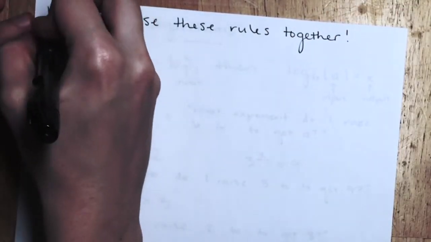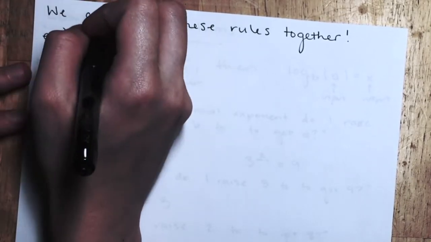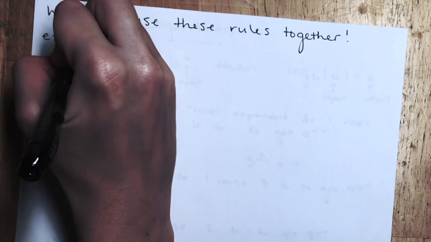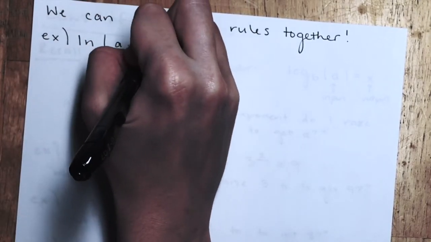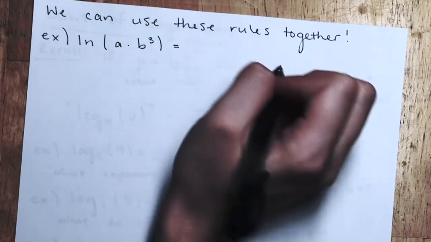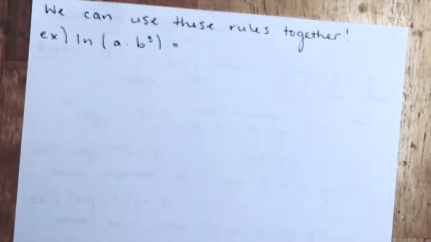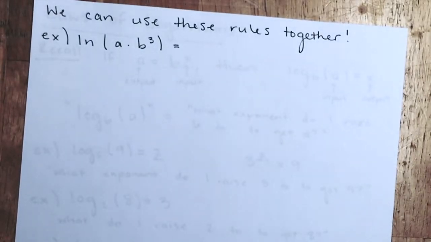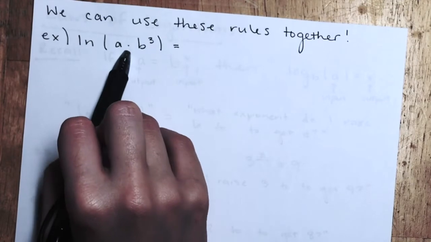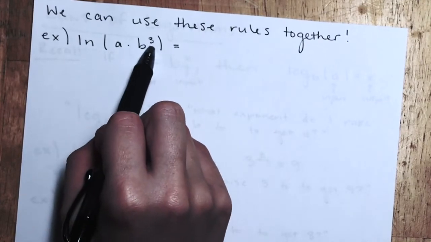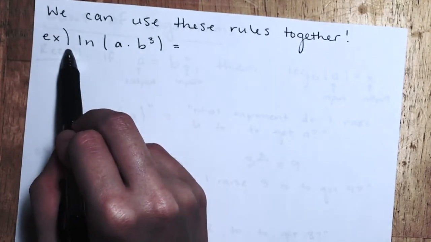So, for example, let's say we have something like ln of a times b cubed. So we need to be careful about what we can do here, right? We obviously have an opportunity to use product rule, and we also have an opportunity to use power rule. Can we bring this 3 out front?